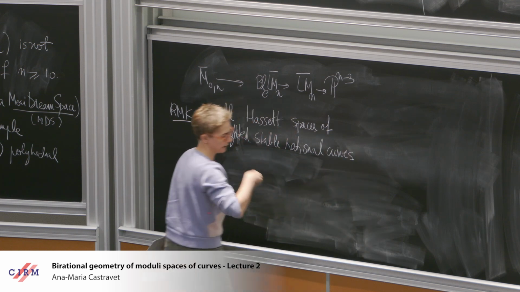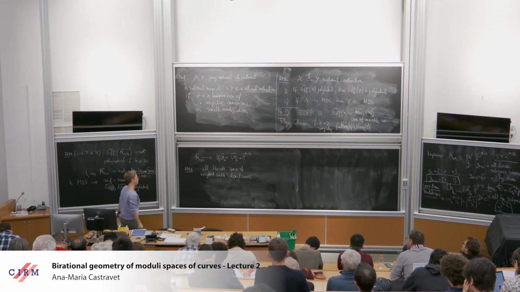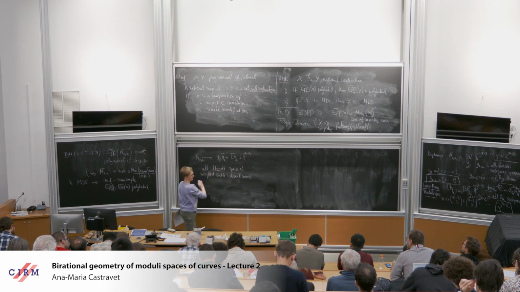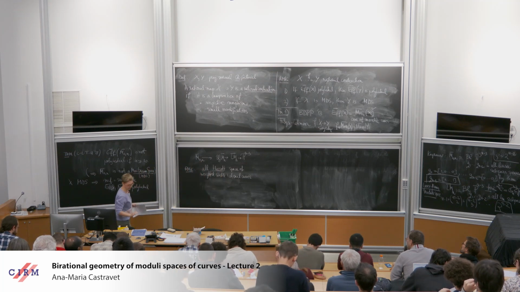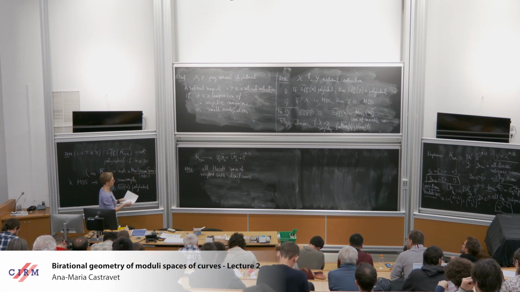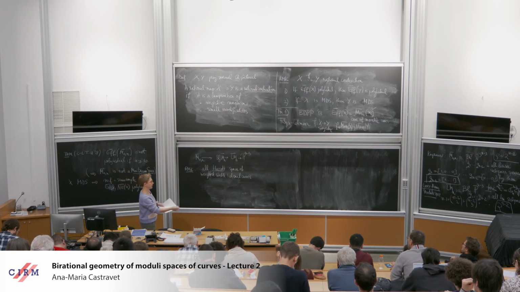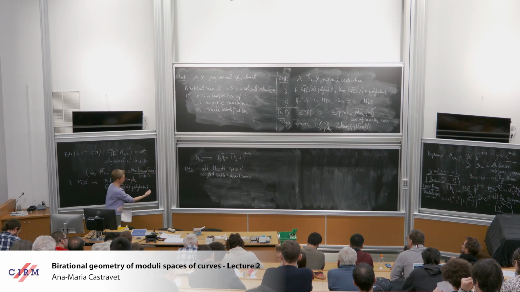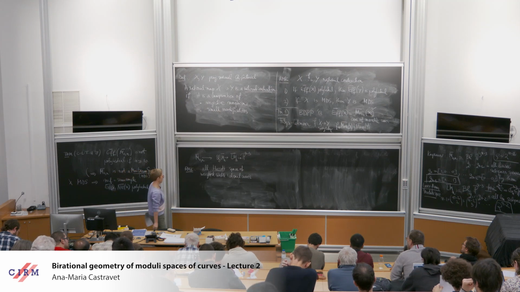What is again remarkable, and this is due to Hassett, is that in genus 0, you always obtain smooth projective moduli spaces representing this functor of families of weighted stable curves.